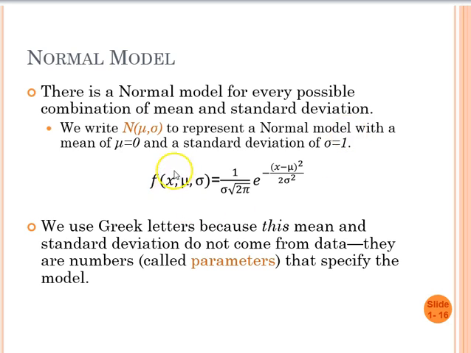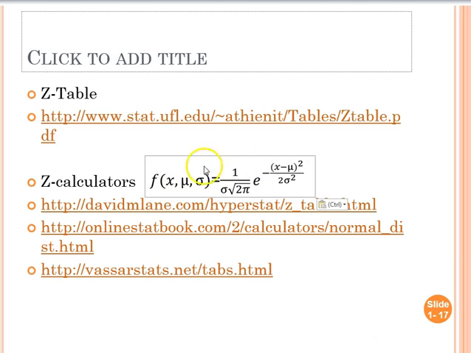And what we're doing is we're plugging in different z's. Here the x represents those z-scores, and we're getting then the area underneath that bell distribution, or what we call the bell curve.